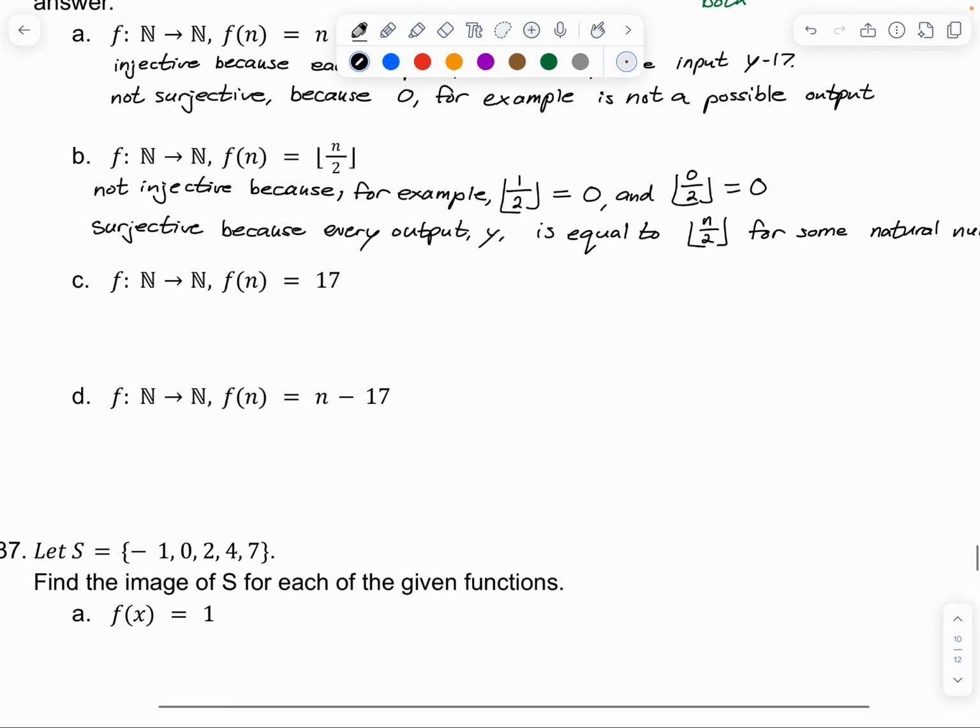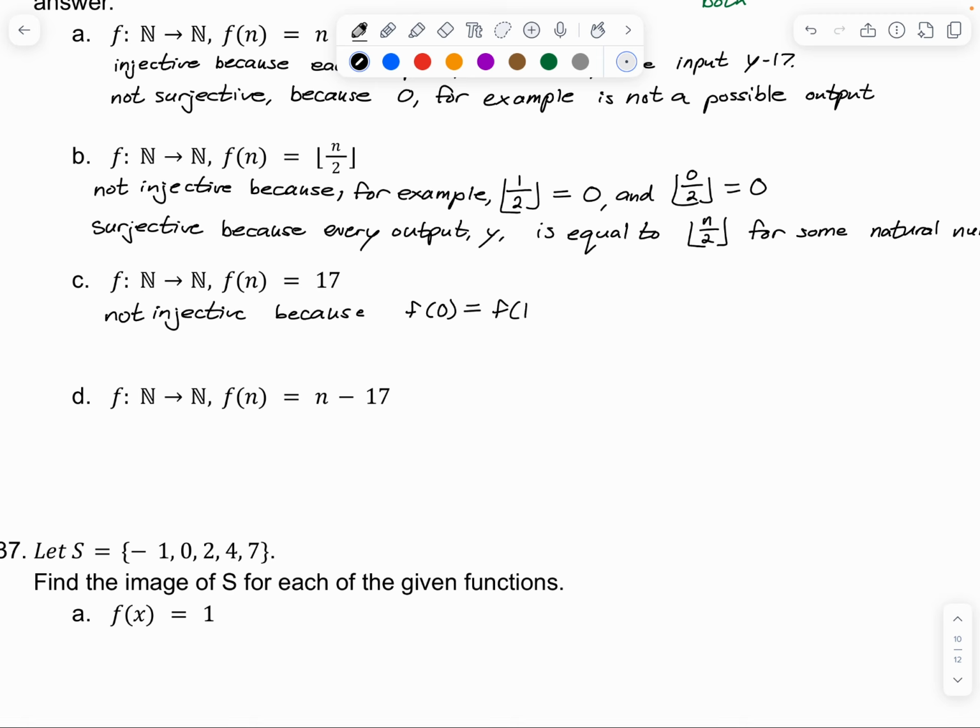Okay, C is neither. C is not injective because f of everything is 17. F of 0 equals f of 1 equals f of 2 equals ... It's not unique by any means.